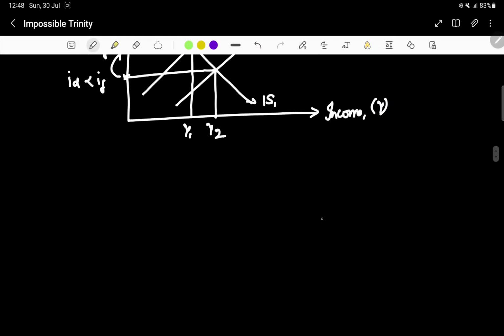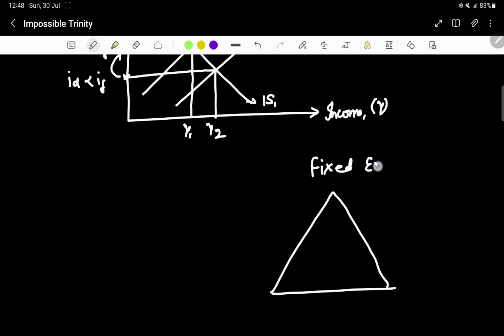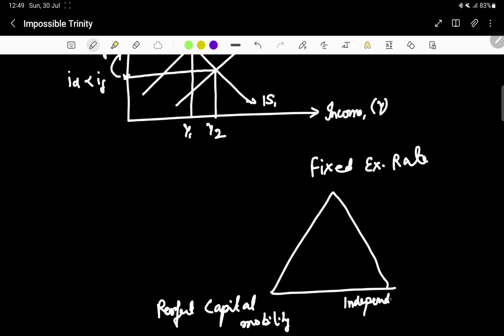We can also draw it like a triangle, where we write fixed exchange rate, perfect capital mobility, and independent monetary policy.